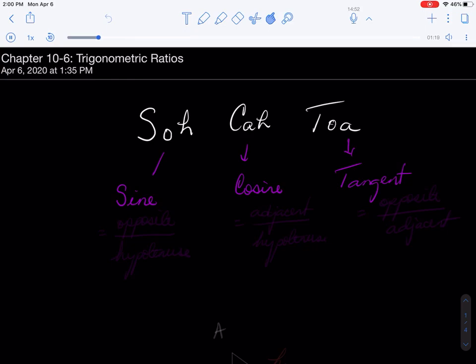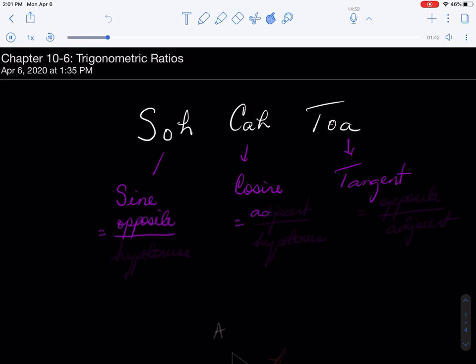For sine, it is opposite over the hypotenuse. For cosine, it is adjacent. Oh, sorry, hold on.